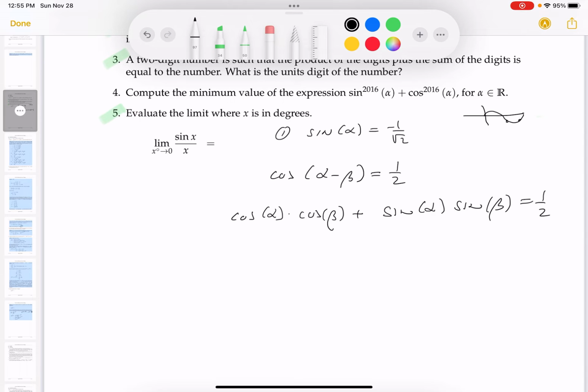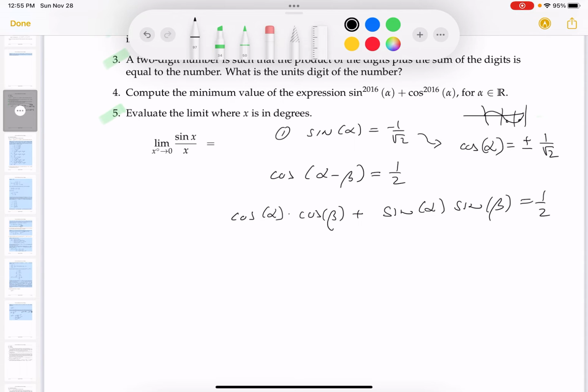I'll get to their question later, by the way. But what I'm going to do is start plugging in values over here. Now, the one thing I want to point out, if the sine of alpha is minus 1/2, it's in the 3rd or 4th quadrant, and the cosine of alpha would be plus or minus. I'm not sure which one it is, by the way.